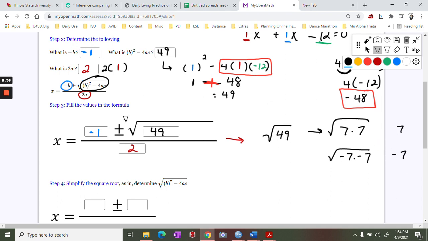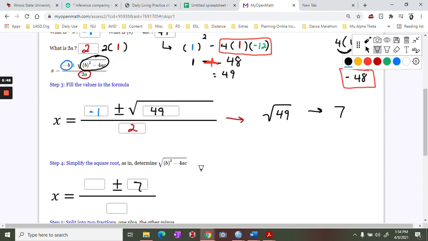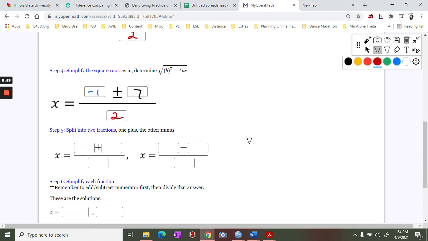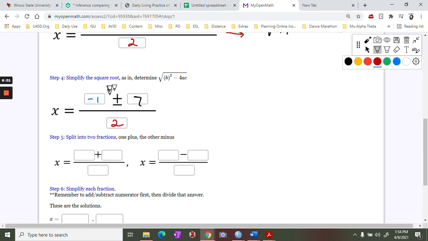So to encompass both of them, we're going to keep this plus minus sign here, and I can say then that the square root of 49 we're going to replace with 7. Okay, and then the -1 goes here because that has not changed yet, and our 2 goes here, that has not changed yet.